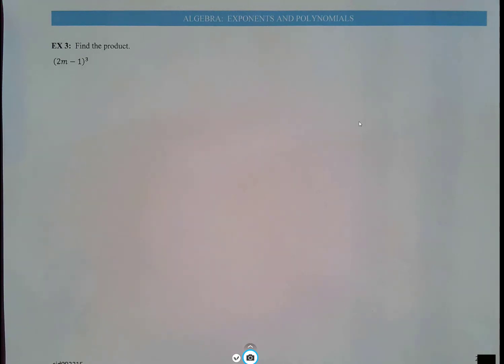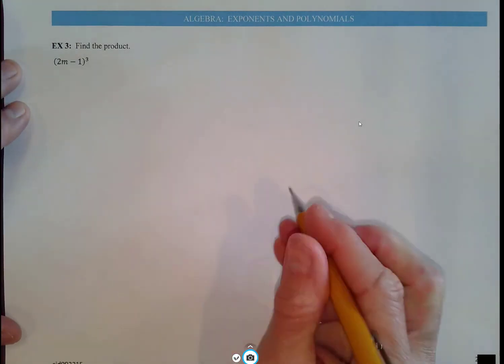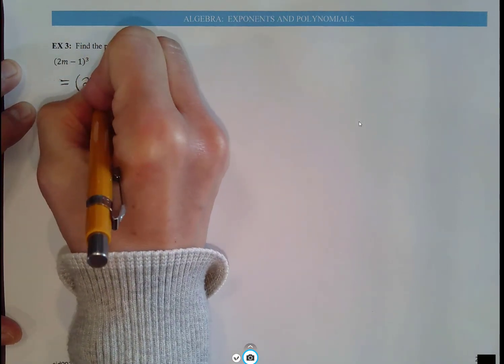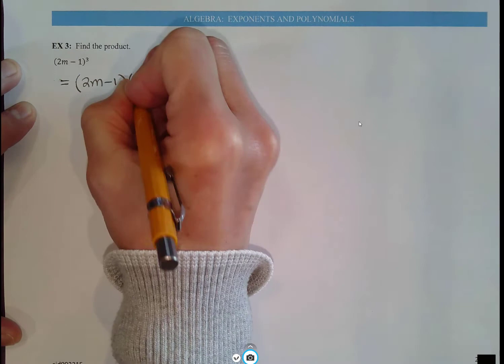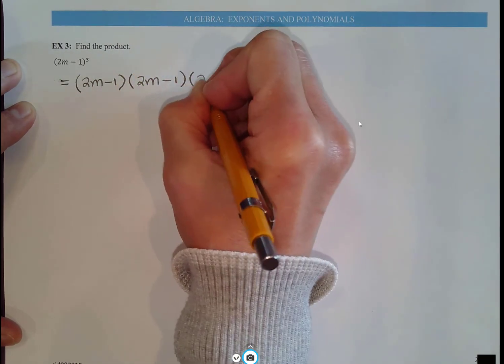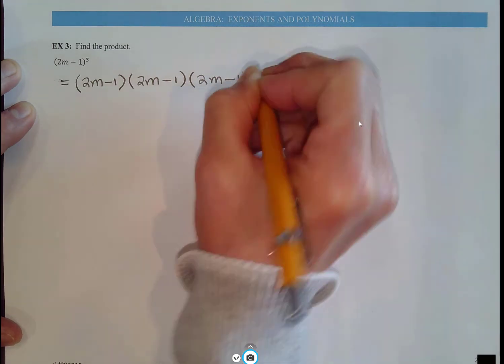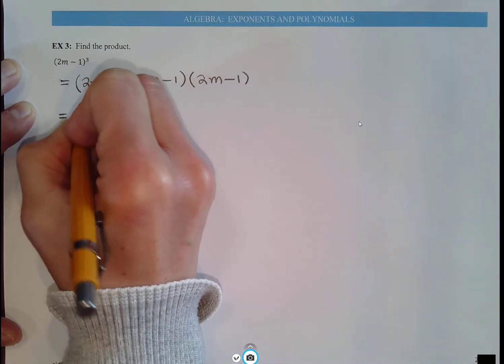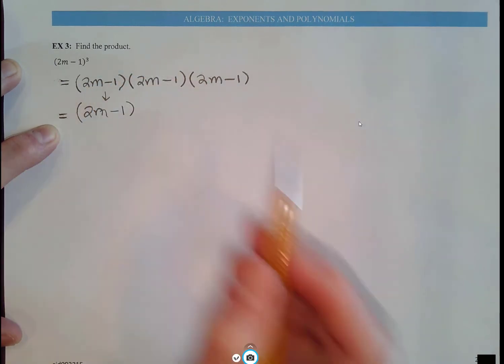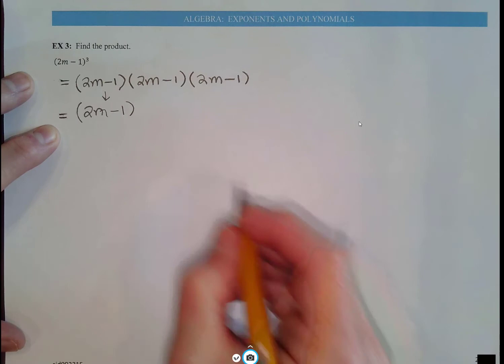Last example here, find the product, 2m minus 1 quantity to the third. Okay, don't do anything crazy. All right, we know that we've got to take 2m minus 1 and multiply it times itself 3 times. We can start with any two of these, so I'm just going to write down that first binomial, 2m minus 1.